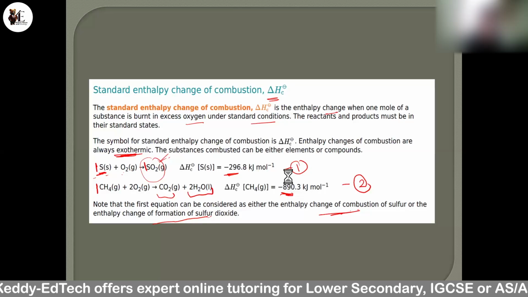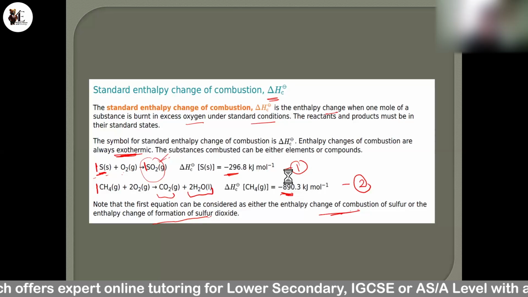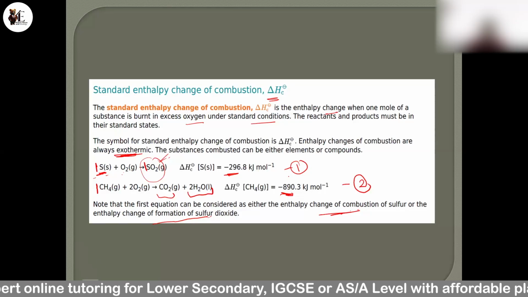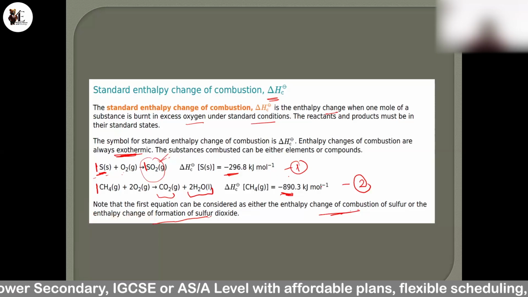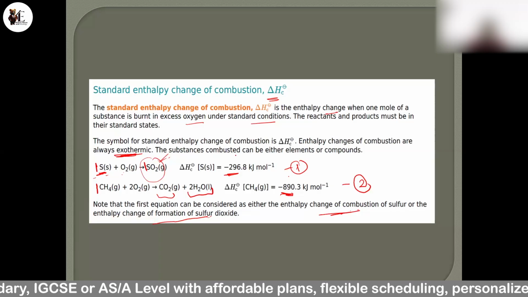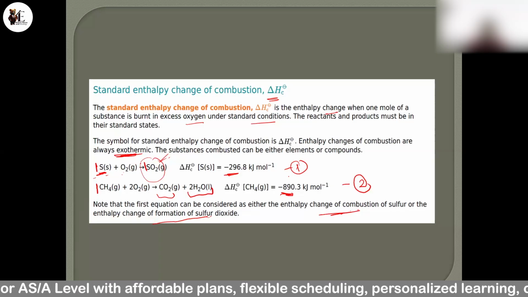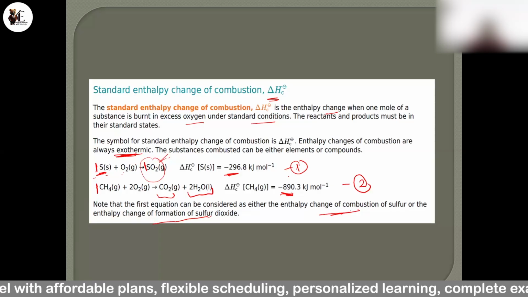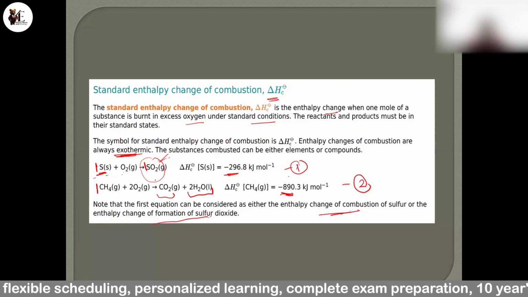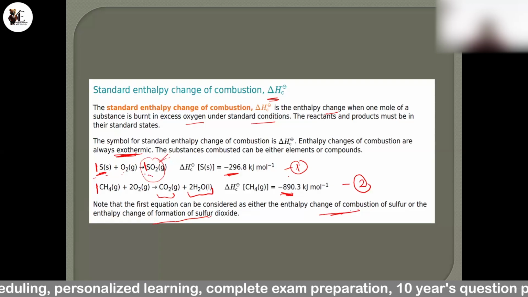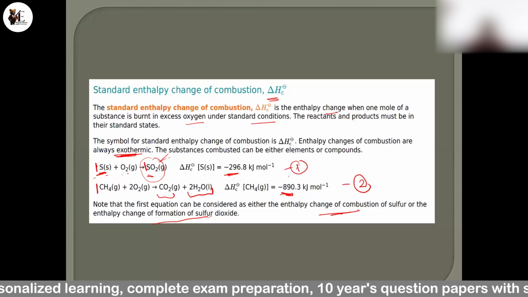Can you repeat what you just said again because the screen got stuck? Yeah. I have written two equations, equation number 1 and equation number 2. Equation number 1 is called the enthalpy change of combustion of sulfur. It is also called the enthalpy change of formation of sulfur dioxide because 1 mole of sulfur dioxide is formed from its elements under standard conditions.